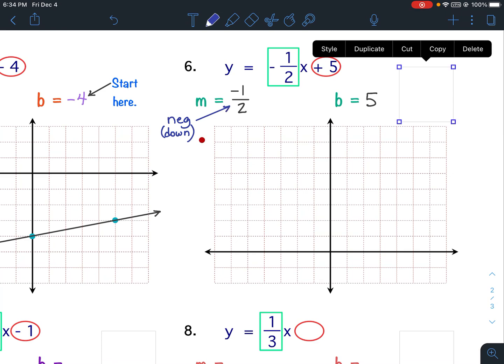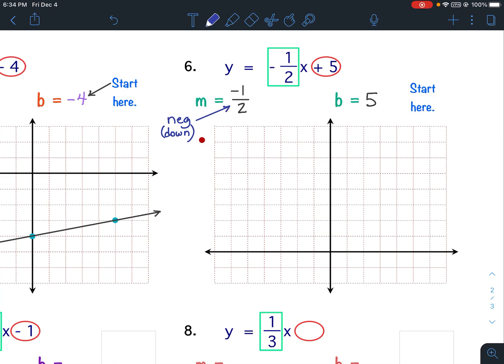And then, I know, probably getting tired of it, but I want you to get in the habit of knowing that this is where you start your graph. You start there on the y-axis. All right. So I'm starting at positive 5. Here's the origin. 1, 2, 3, 4, 5.